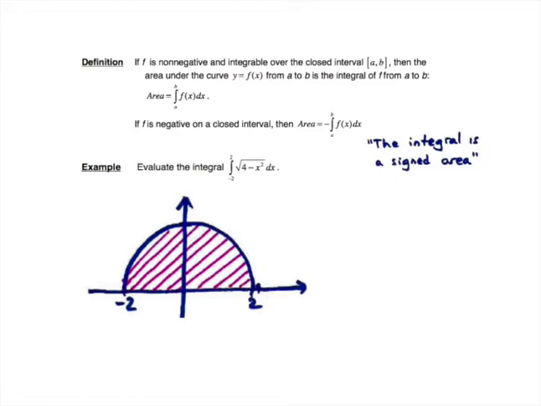We know that since the Greeks. So the area of a circle is pi r squared, the area of this semicircle is pi r squared over 2. Therefore, the integral from -2 to 2 is pi r squared divided by 2. The radius is 2, so the answer is 2 pi.